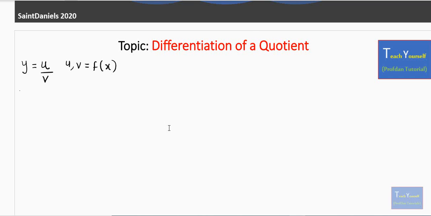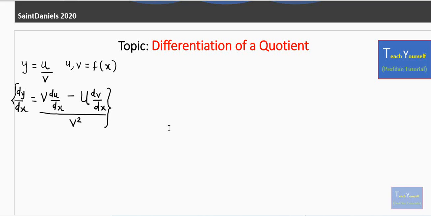So if we differentiate the variable y with respect to x, the quotient rule says you take the denominator, which is v, times the derivative of the numerator u with respect to x, minus the numerator u times the derivative of the denominator v with respect to x, and divide all by the square of the denominator, which is v squared. So this is the rule you apply, which we call the quotient rule of differentiation.